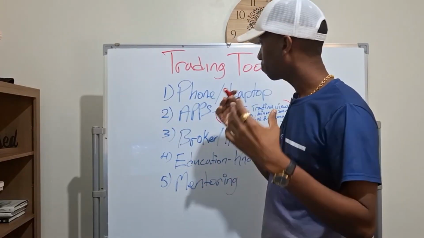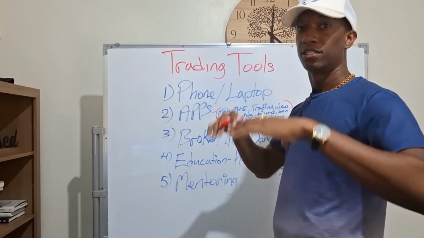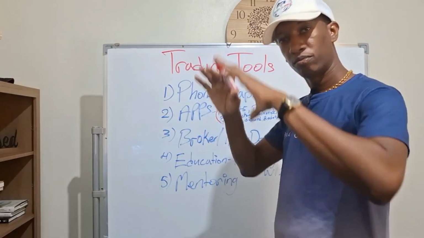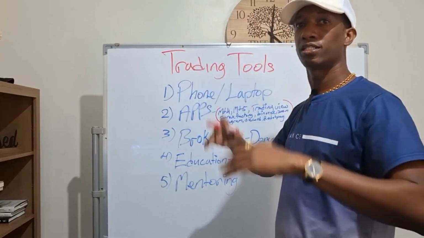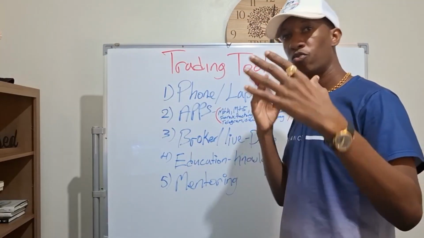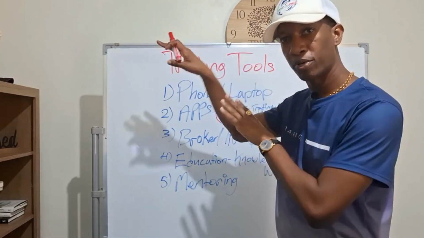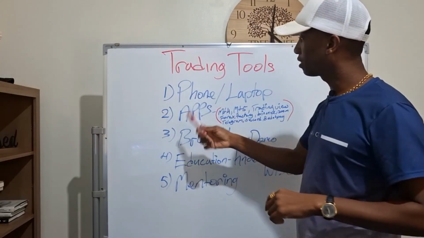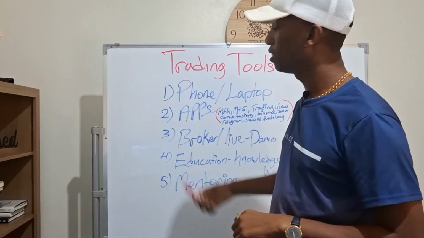So pay attention to that. You want a nice, user-friendly framework where you can view the charts properly, break them down nicely, know what phase of the market you're in, know where you came from with price, know where price can be heading, and line yourself up. So: phone, laptop.